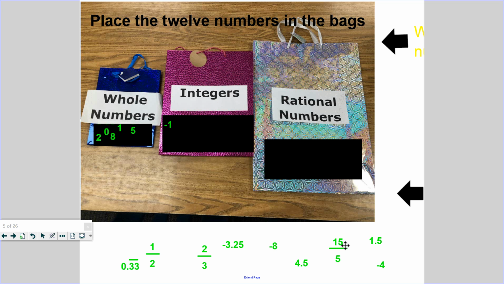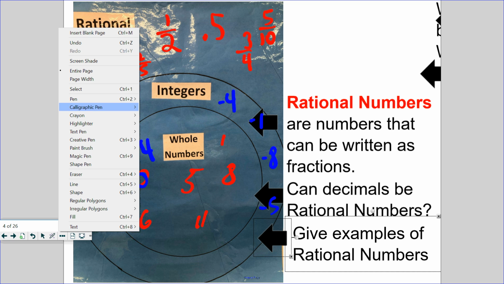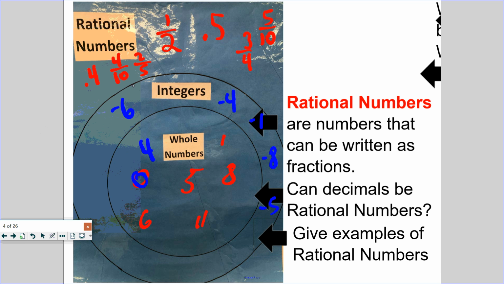Let's look at this one closely. Some people say that this is a fraction. Do you remember something called an improper fraction from last year? What's 15 divided by 5? 3. That's a whole number. Integers are whole numbers and their opposites, and we already did all the whole numbers. So again, if you look at this bag, an integer could be anything inside this circle, which includes integers and whole numbers.